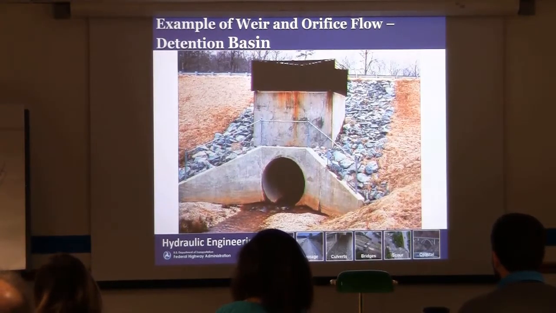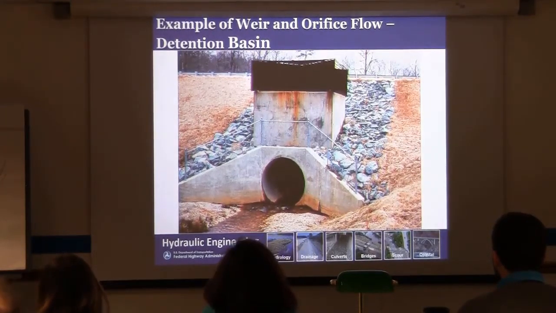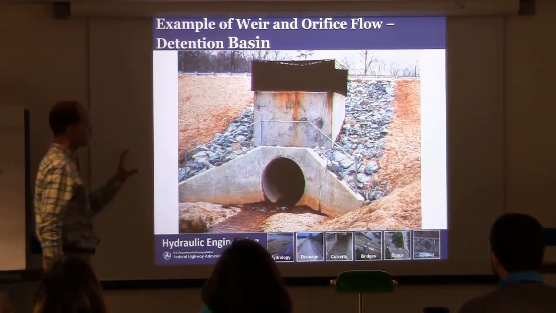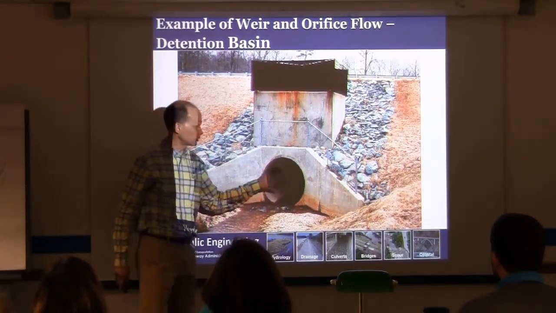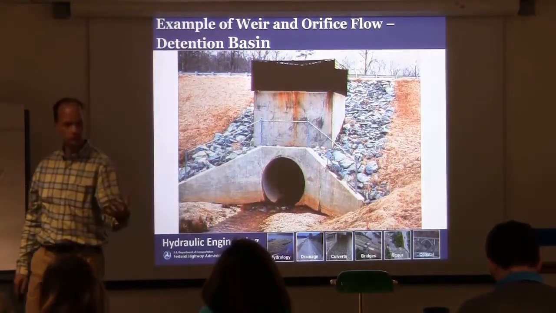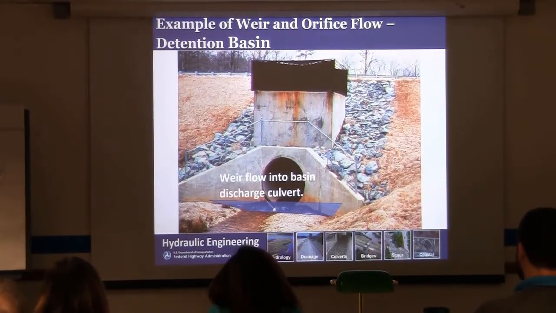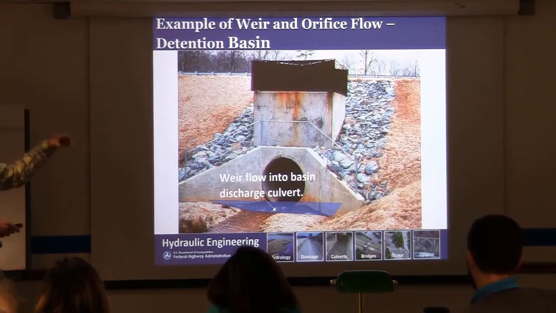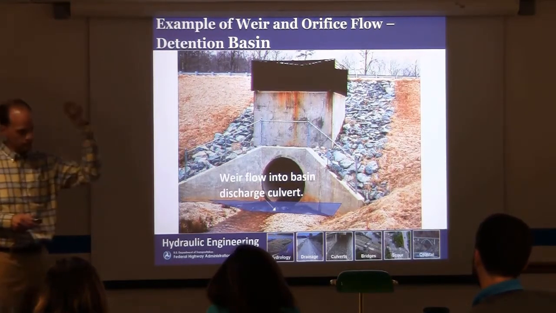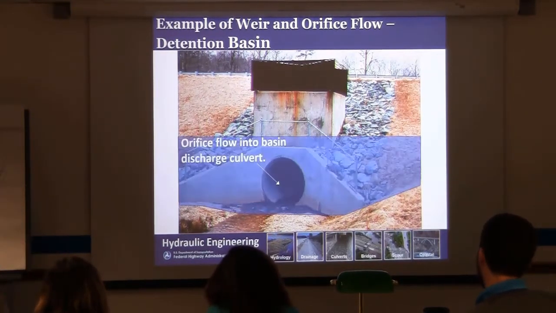All right, and I think I heard someone mention this morning, here we have a culvert that functions as the principal outlet for a detention pond. And so when the flow level is there, it functions as a weir, and we can calculate how much discharge is going through there because we have the weir flow equation. When it's up there, it functions as an orifice.